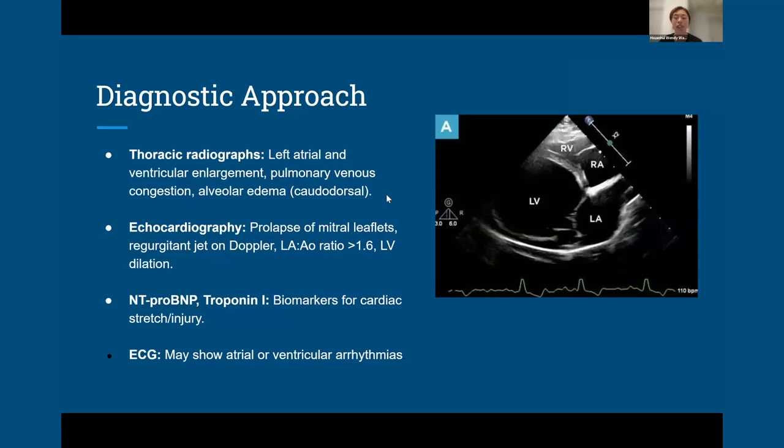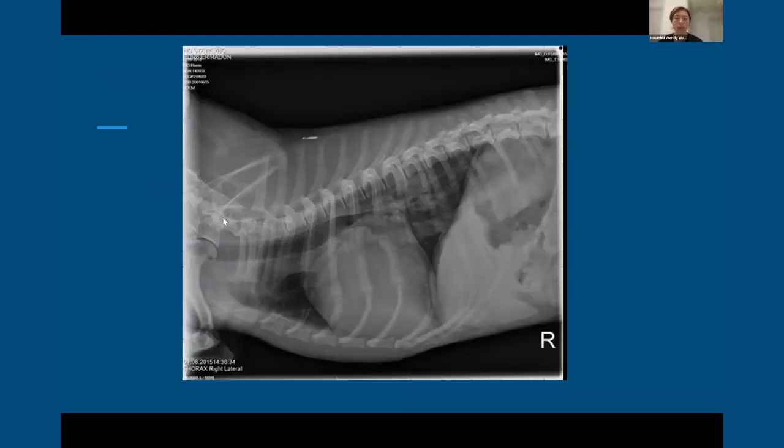You want a VHS score of 10.5 or more, meaning that if you go back to your notes, you want to count between here to here and then here to here, and then you want to count on the fourth vertebra to see if it's 10.5 or more in terms of the length of this ratio to the vertebral column.